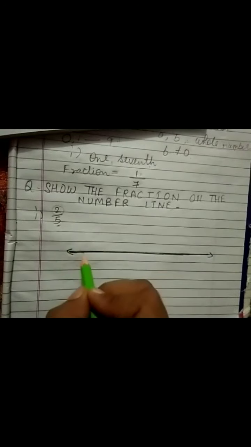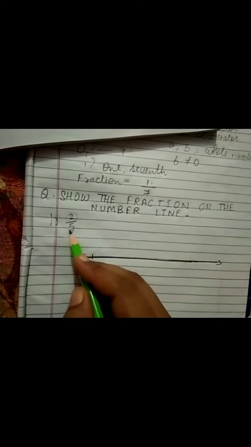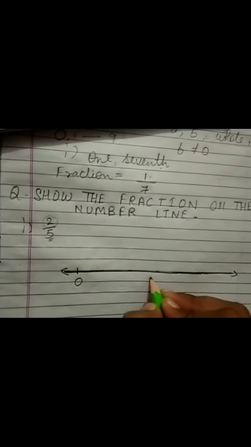First of all, draw a number line like this and divide the length from 0 to 1 into 5 equal parts, because the total parts are 5. After 0, on a normal number line you write 1, then 2, then 3.